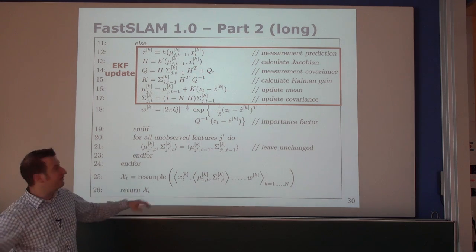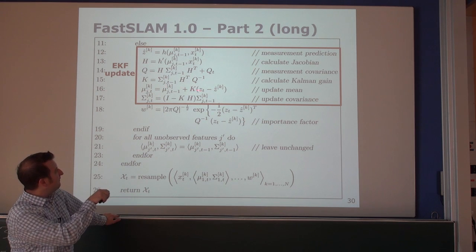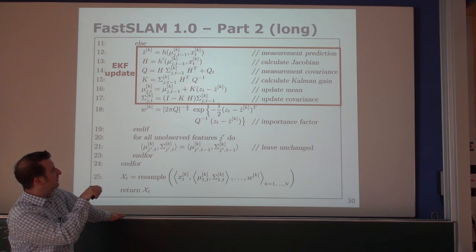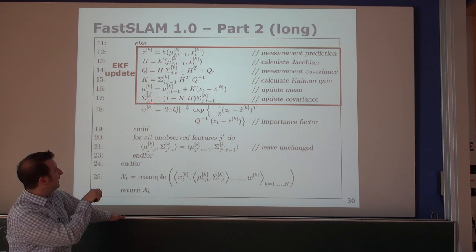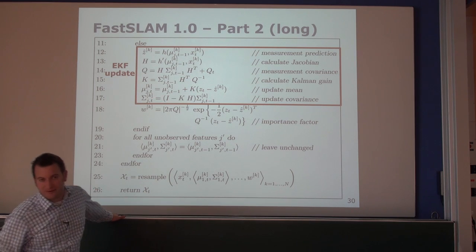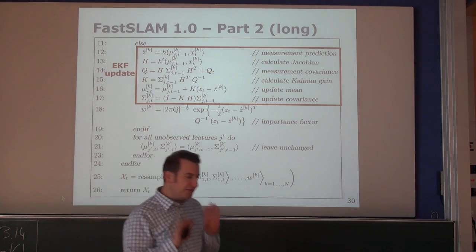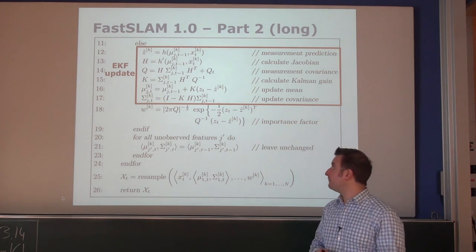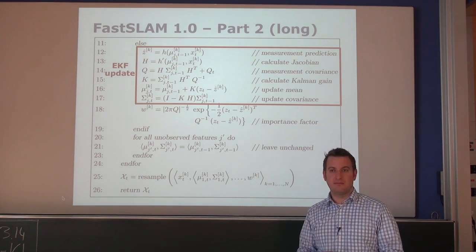Then I update my mean estimate exactly as a weighted sum of the prediction and the correction. And I update the covariance of that landmark. So it's just a standard copy-paste from the EKF algorithm.